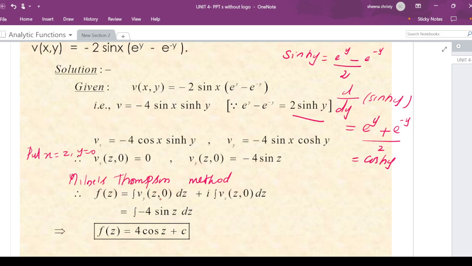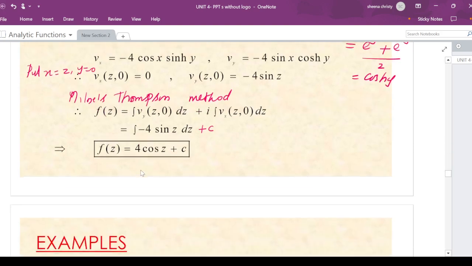Already we found that Vy(z, 0) is minus 4 sin z, and Vx(z, 0) equals 0. So you get the integral of minus 4 sin z dz, plus the integral constant c. Integration of sin z gives minus cos z, so minus minus gets cancelled. You have 4 cos z plus c. So f(z) equals 4 cos z plus c.